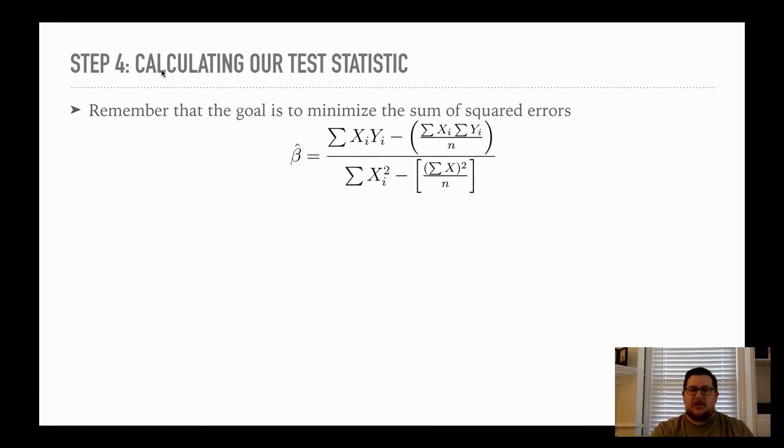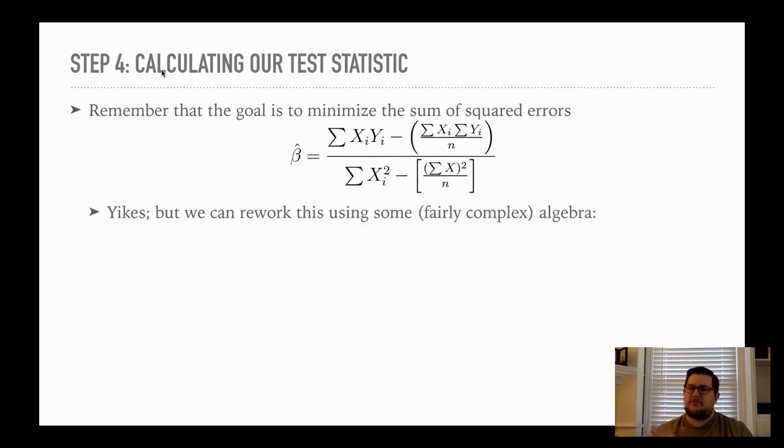We can rework this using some complex algebra. Doing algebra with summation notation can be tricky, so I'm not going to walk you through it step by step. We'll end up with something that looks like this. This is another way to calculate it. Mathematically, they are identical, I promise. You can run your own numbers with this if you want to. It's the same thing.